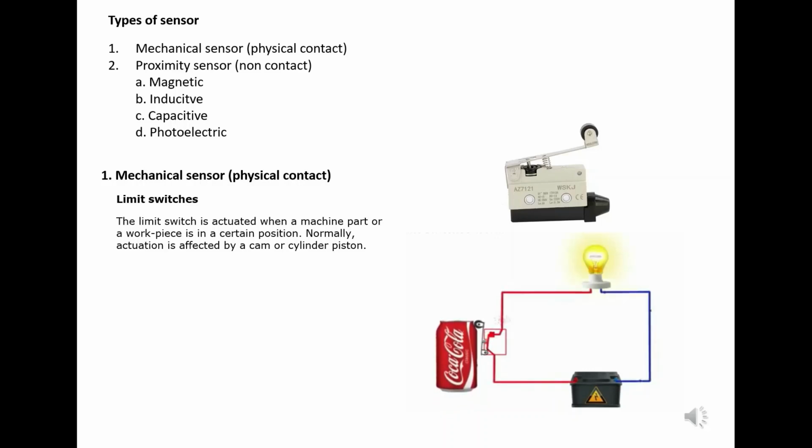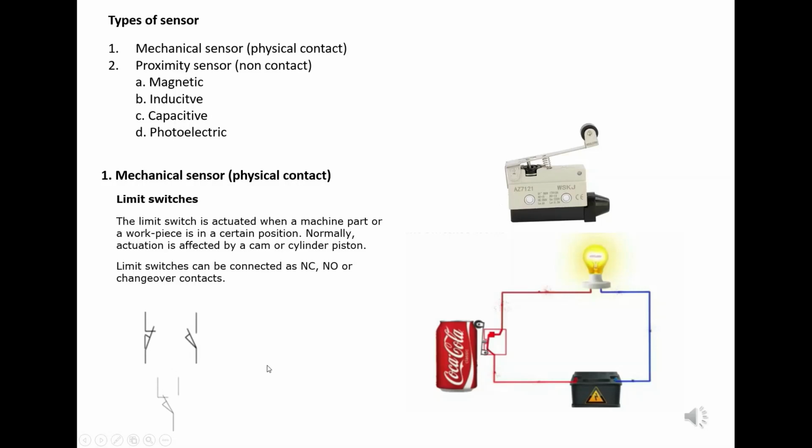Sama seperti push button dan relay, limit switch juga boleh disambungkan secara normally close, NC, normally open, NO dan change over, CO. Di bawah ni adalah simbol-simbol bagi sambungan NC, NO dan CO bagi limit switch.